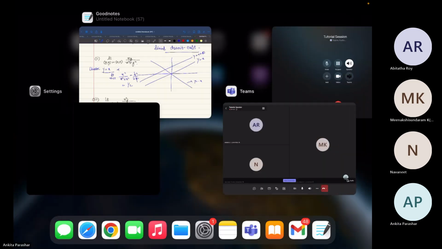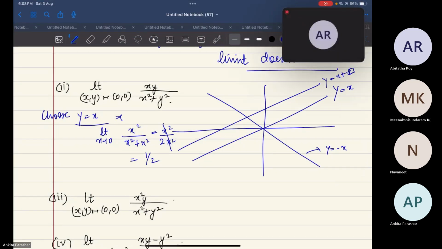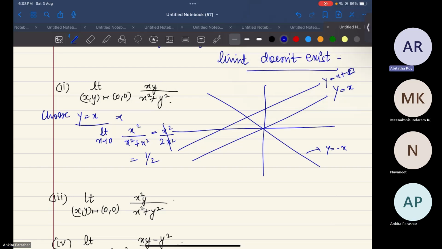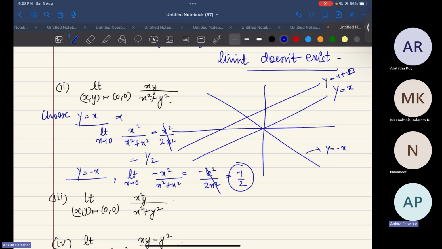And if we take y equal to minus x, we get minus x square by x square plus x square. It was a square in the denominator. I'm telling you it is homogeneous. This is how I'm doing it, so that it will get cancelled.